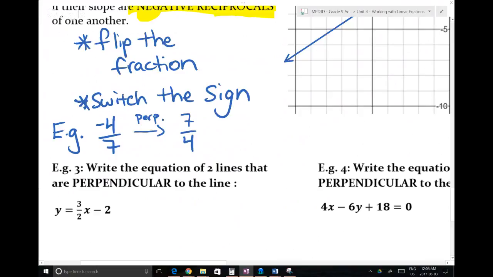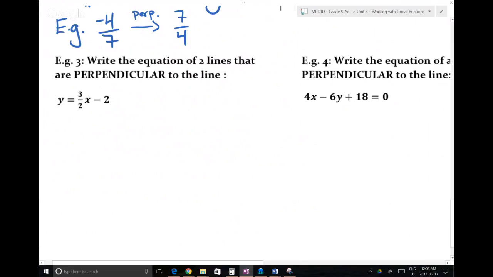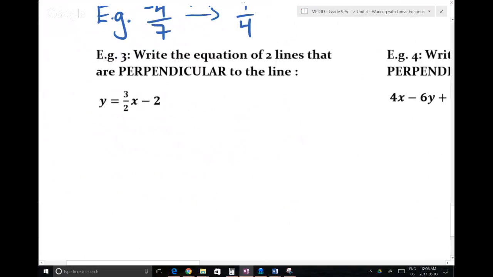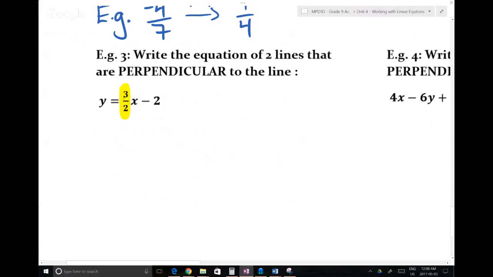So, with that in mind, I want you to take a minute and write the equation of two lines that are perpendicular to this line. Y equals 3 over 2x minus 2. Pause the video. Okay, we're back. The thing to note is that the original slope was m equals 3 over 2.